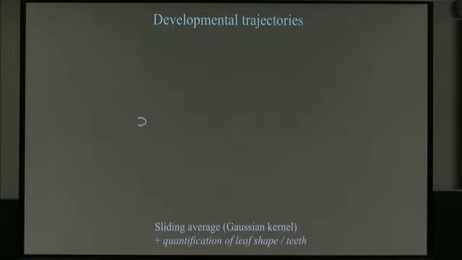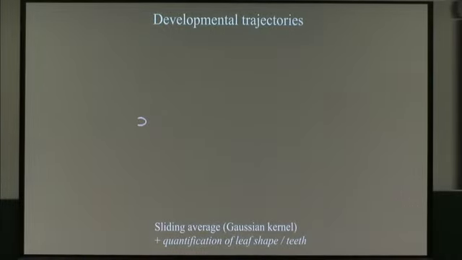And then what we do is define the average shape for each length, or for leaves in a small range of lengths around one, and we can do a sliding average to define the average leaf shape for a certain range of lengths.